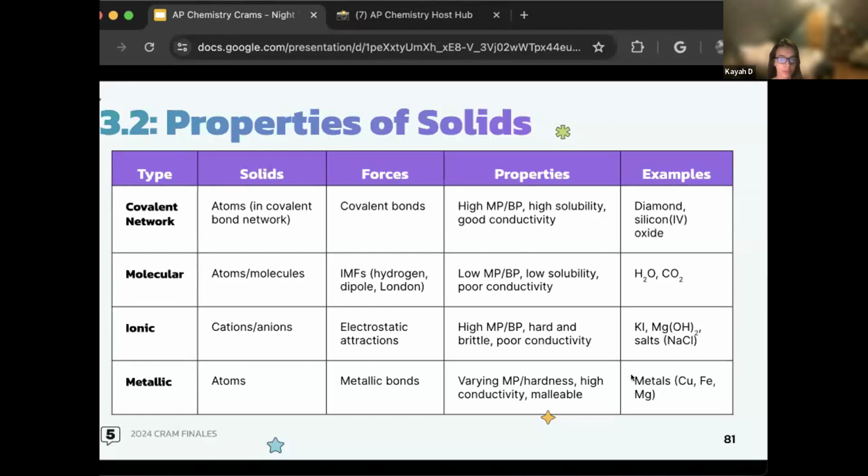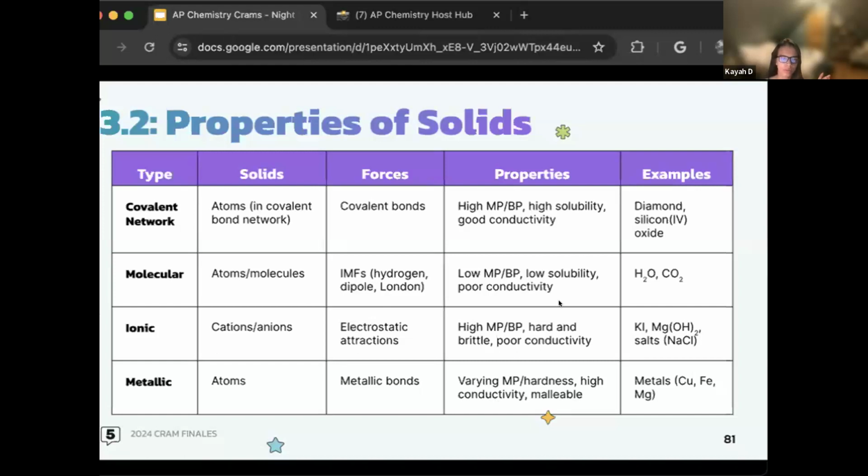What I like to do to help remember these properties is remember one of the examples provided. If you take a diamond, or carbon, and think about its properties, it has a very high melting point and boiling point. If you tried to melt a diamond on a stove top, it would not melt. So therefore, high melting point and boiling point. You have high solubility and you have great conductivity.